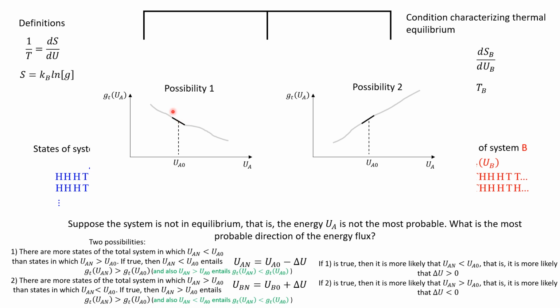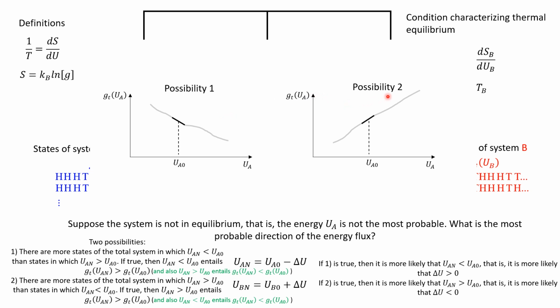And if the slope is negative, then we have more states having lower energy than states having higher energy. So it is more likely that system A will lose energy because it is more likely that the new property will be an energy which is lower than the initial energy, just because we have more states having this property than states having the property higher energy.